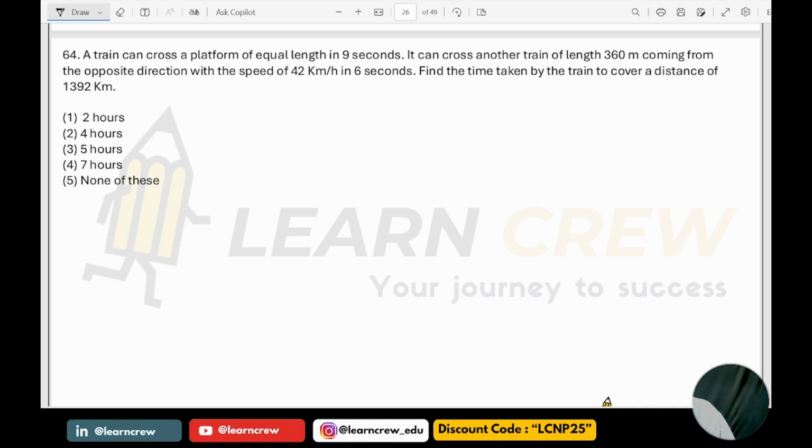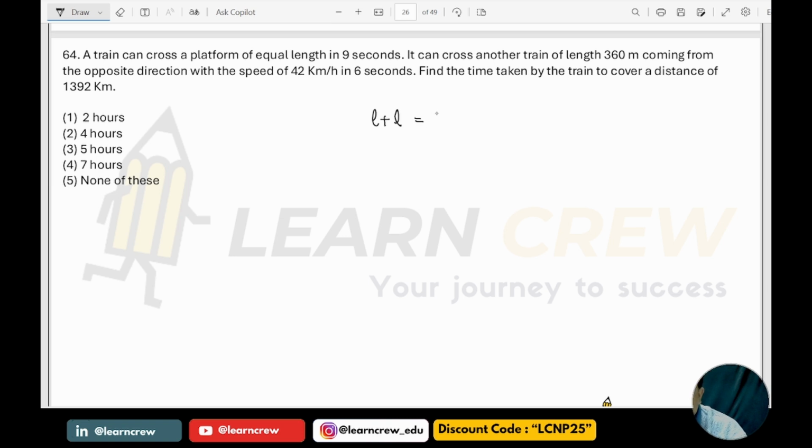Find the time taken by the train to cover the distance of 1392 km. So if the length of the train is L meters and the speed of the train is S km per hour, then when the train crosses the platform, the distance covered is the sum of the lengths of train and platform. Platform length is also the train length.